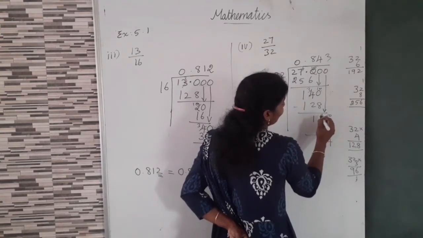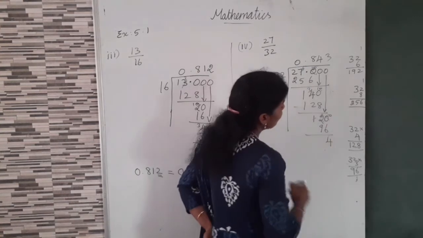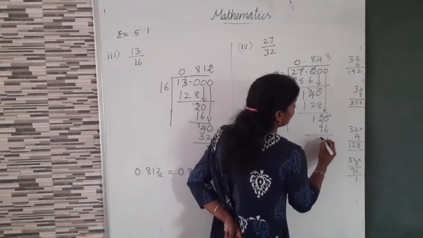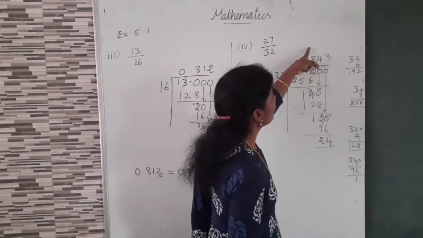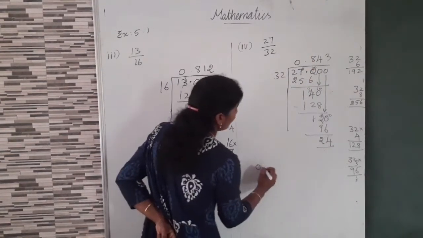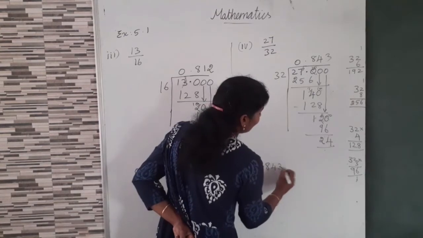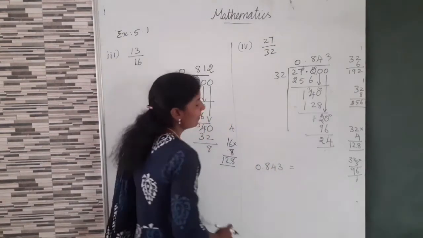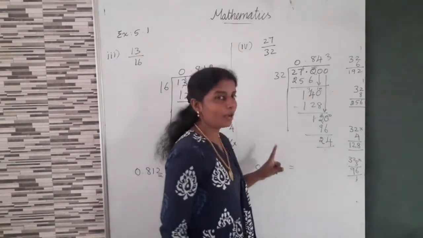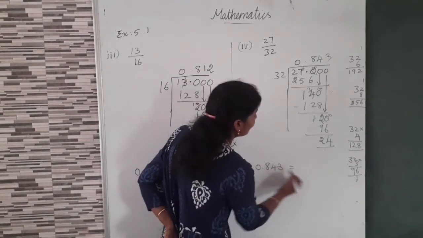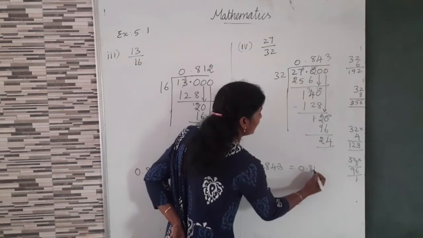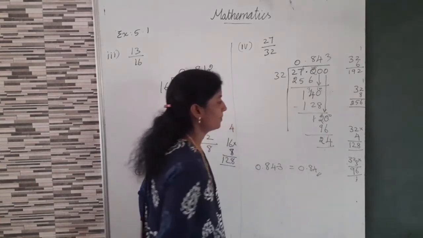Here 11, isn't it? 11 minus 9 is 2. So the remainder is 24, quotient 0.843. Up to the hundredths place we need, now we have the thousandths place below 5. So we can omit this number. Remaining, 0.84 is the answer. Clear?